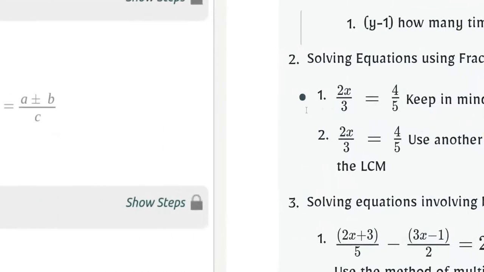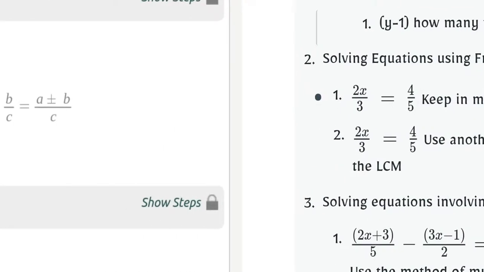So 2x equals 4 over... No, this is the cross multiplication. Isabella, you're talking a little too loud, so there's an echo from Sir's mic. Oh, okay. 2x equals 4 divided by 5 times 3.